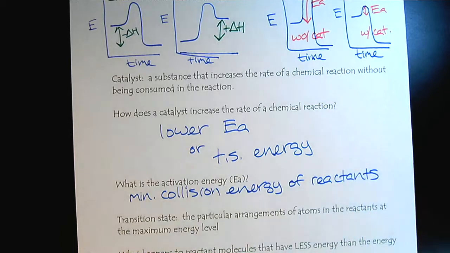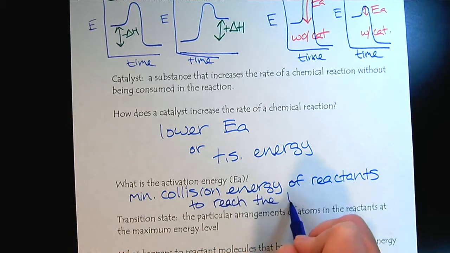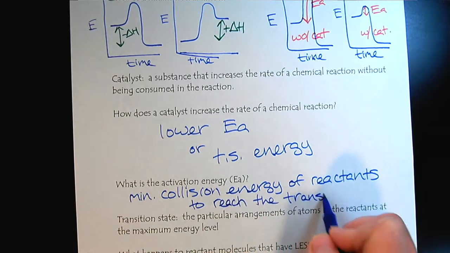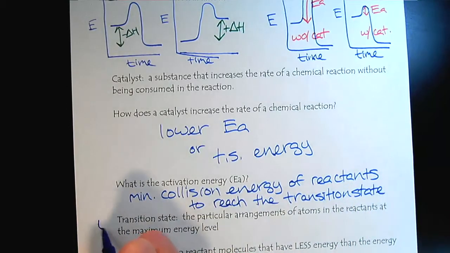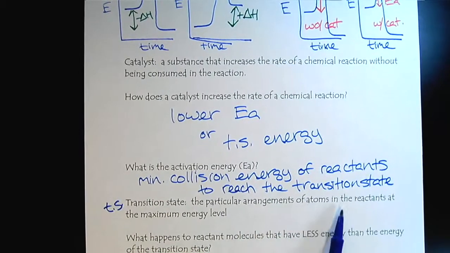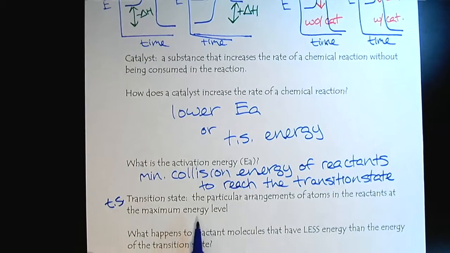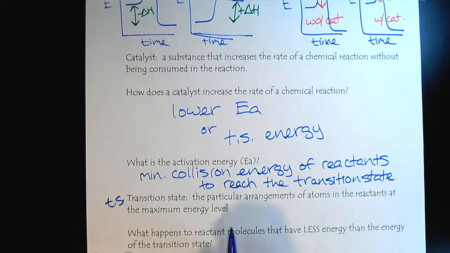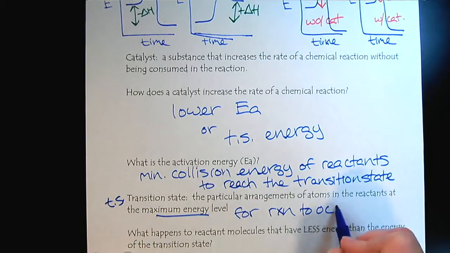So the minimum collision energy of reactants to reach the transition state. And of course the transition state, that's the particular arrangement of atoms in the reactants at their maximum energy level so that a reaction occurs, right? So this is where we need to be for a reaction to occur.